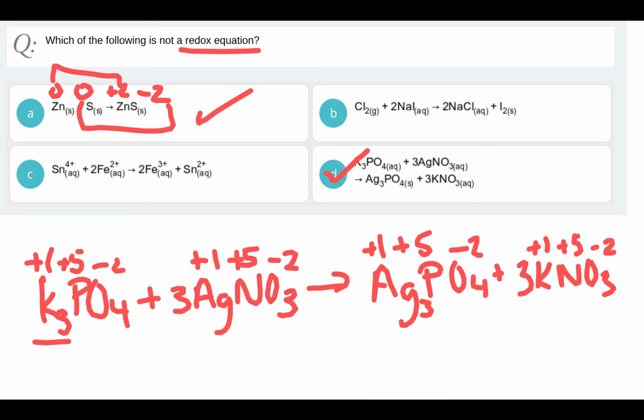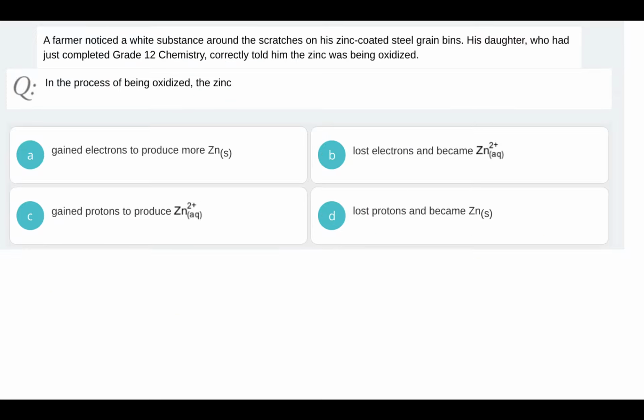Potassium is +1 on both sides, phosphorus is +5 on both sides, and we can keep going and see there's no change in oxidation number. So even though we have a reaction, it's not a redox reaction because there's no OA, there's no RA, where the rest of them would be like A, and you would see that change in oxidation number.